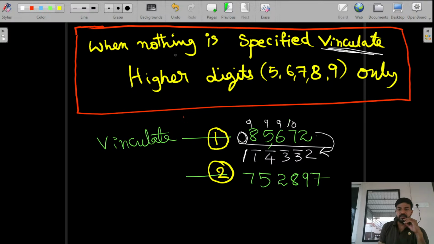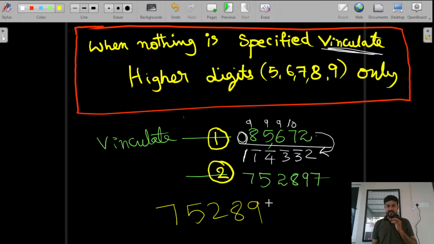When we find lower digits between digits in a number, you cannot continue this all from 9, last from 10 concept if you find this kind of digits: 7, 5, 2, 8, 9, 7.